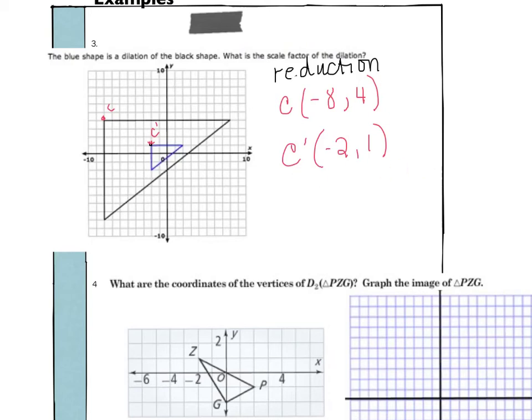So again, I want to ask myself that question. What do I multiply negative 8 by to get negative 2? Okay, remember, I cannot divide. I have to multiply. So the only thing I can multiply a negative 8 by to get negative 2 is going to be 1 over 4. Okay, and I'm going to end up with negative 2. Bam, it worked out. So the scale factor here is going to be 1/4.